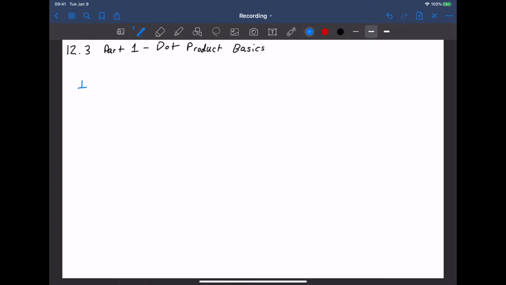So the idea of a dot product is we're going to add the products of corresponding components. It's going to be one of two products we learn for vectors.